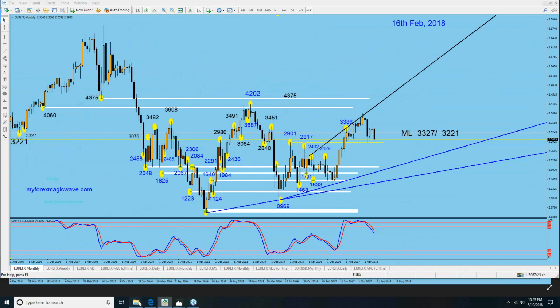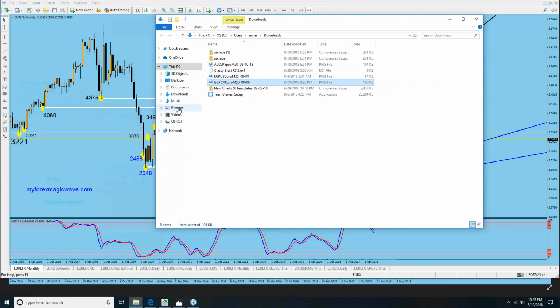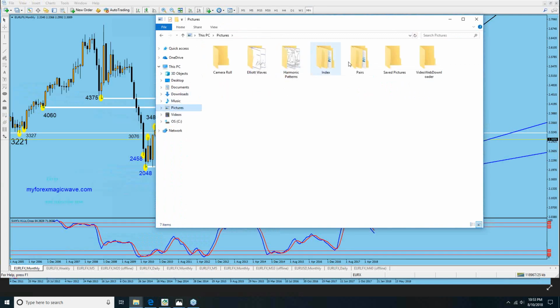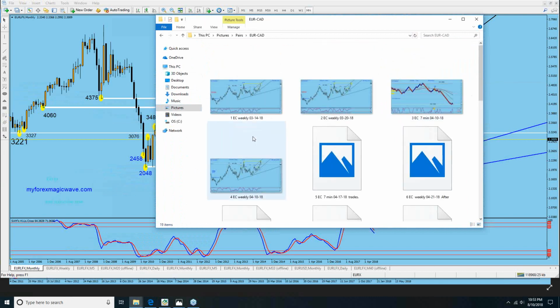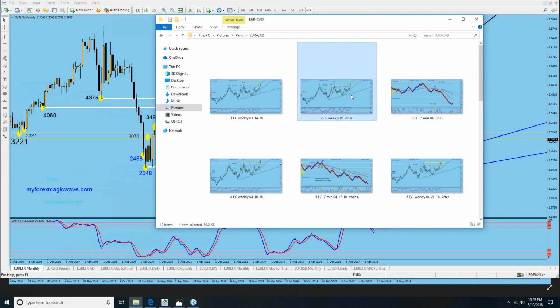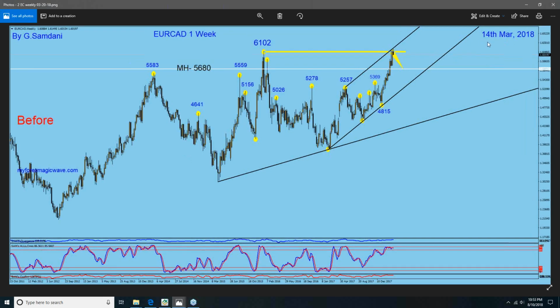By the way, pound CAD, right? But if I show you, euro CAD was exactly the same thing, and euro was going down. I just showed you the euro chart, right? So if I show you the euro CAD setup, look, this was the setup, and it was on March 14th that I made this setup, that we're going to drop first to this line, and then after that to this rising TL.